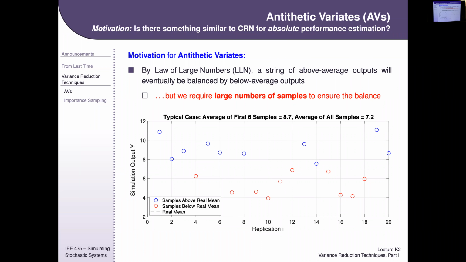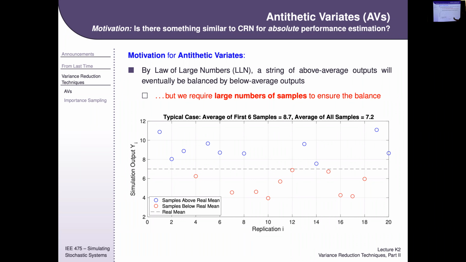And so wouldn't it just be nice if the universe was forgiving and would just give us an above average followed by a below average, and then another above average followed by a below average, and so on. Then we wouldn't necessarily have to wait for hundreds and hundreds of replications to get everything to cancel out so we could converge on the mean.